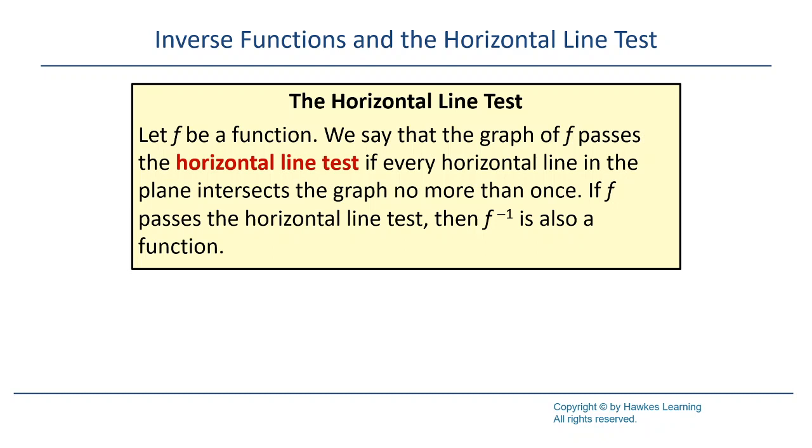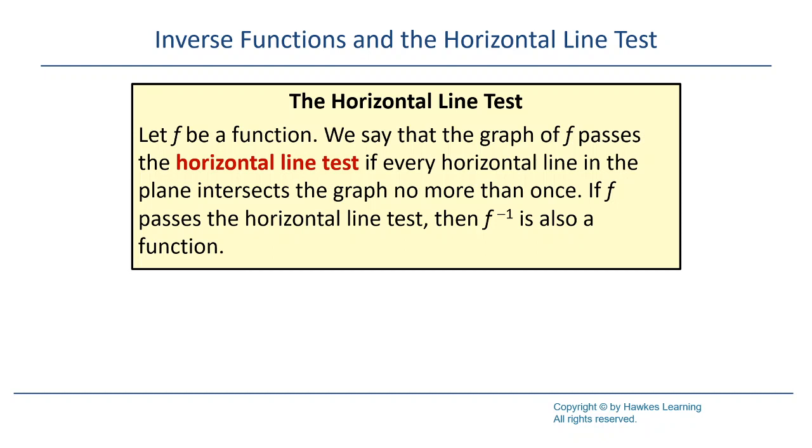Now the horizontal line test, this is the best way to check if you have a graph. Basically all it says is if you have a graph and you hold your pencil sideways, if you slide it up the graph and there's never a point where the pencil is touching the graph in 2 places, then congratulations, it passes the horizontal line test.